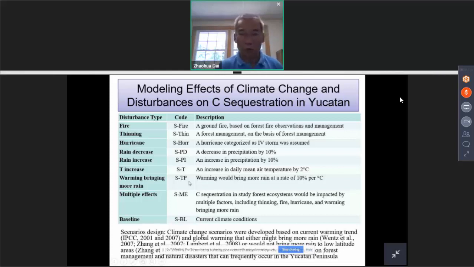One scenario includes both temperature increase and precipitation increase, and one includes all the disturbances: fire, thinning, hurricanes. The last one just uses the current condition, the 2010 condition.